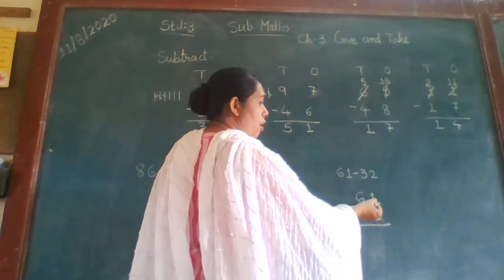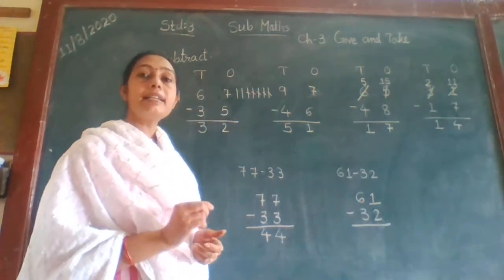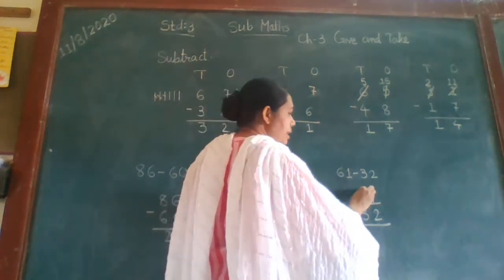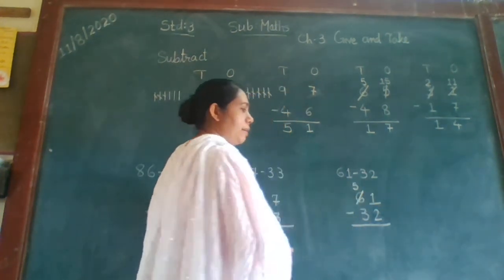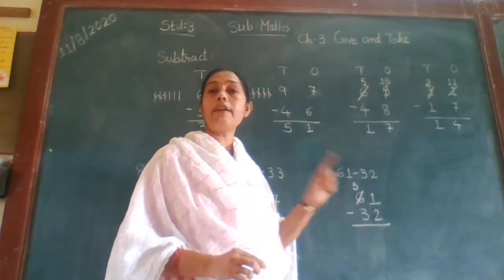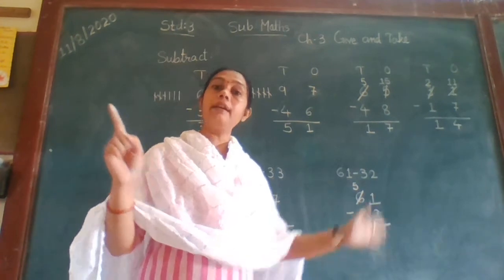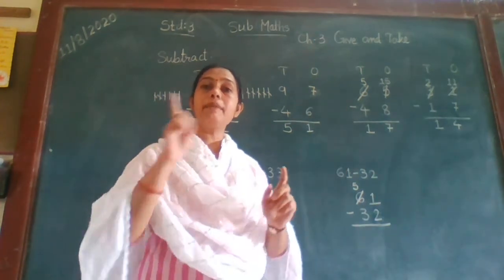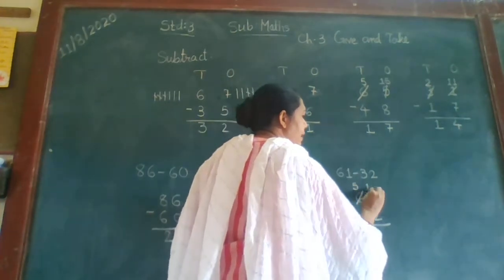So we have to borrow from 6. 6 tens means it has 60. So we take 1 ten from 6. So here 5 remain. And this 1 got 1 ten. It has already 1. And another 10 he got. Means 10 plus 1. Now it has 11.